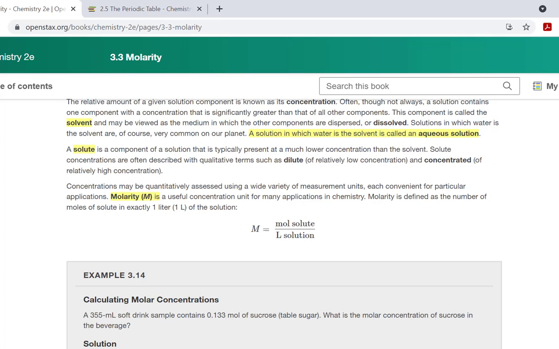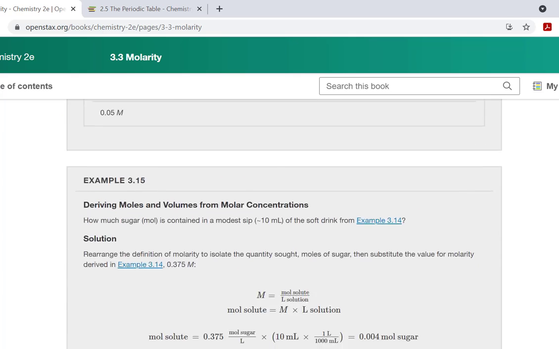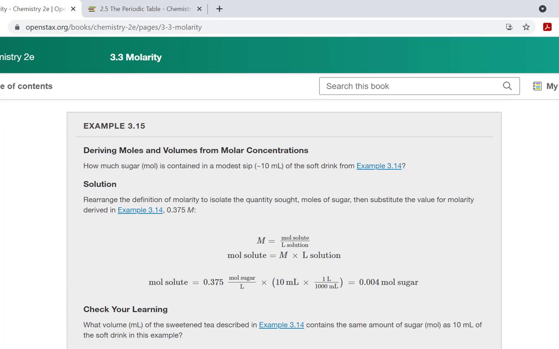So we can do a variety of calculations using this definition of the mole concept. This first example will be discussing finding the concentration if you're provided the moles and the volume. So hopefully that seems pretty straightforward. More common though going forward is using it as a conversion factor.